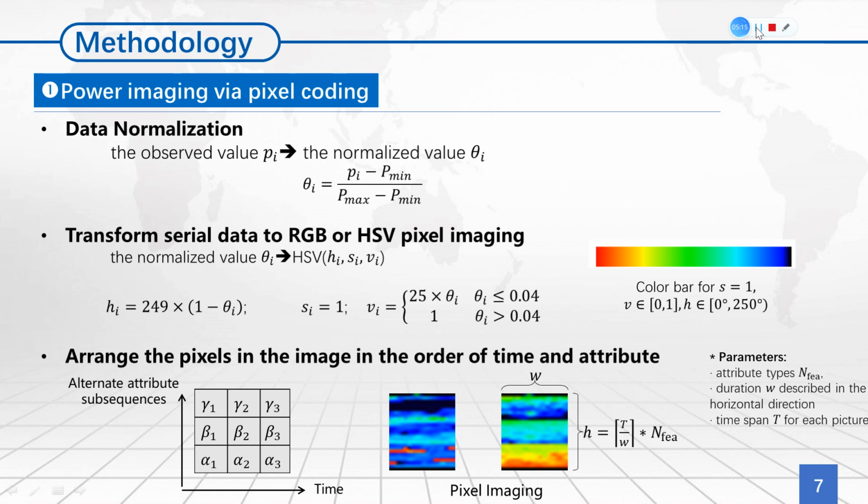Next, multiple influencing factors are alternately arranged to make the pixels at adjacent moments more compact and highlight the relevant information in a short time, which adapts to the pixel laws of static images and convolutional operation.